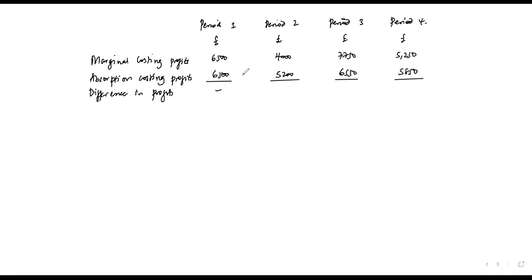Period 2, the difference is 1,100. Period 3, the difference is 1,000. Period 4, the difference is 600. Now, how can you comment?